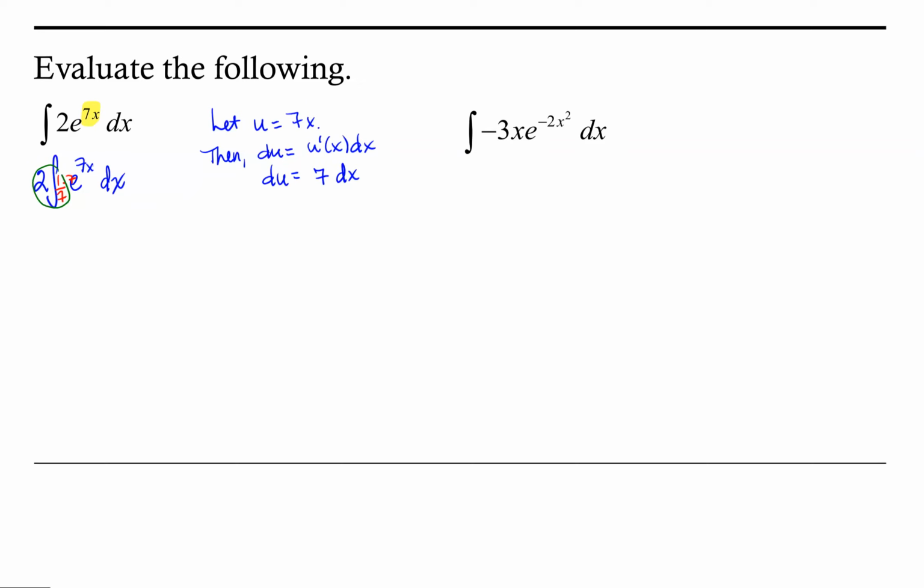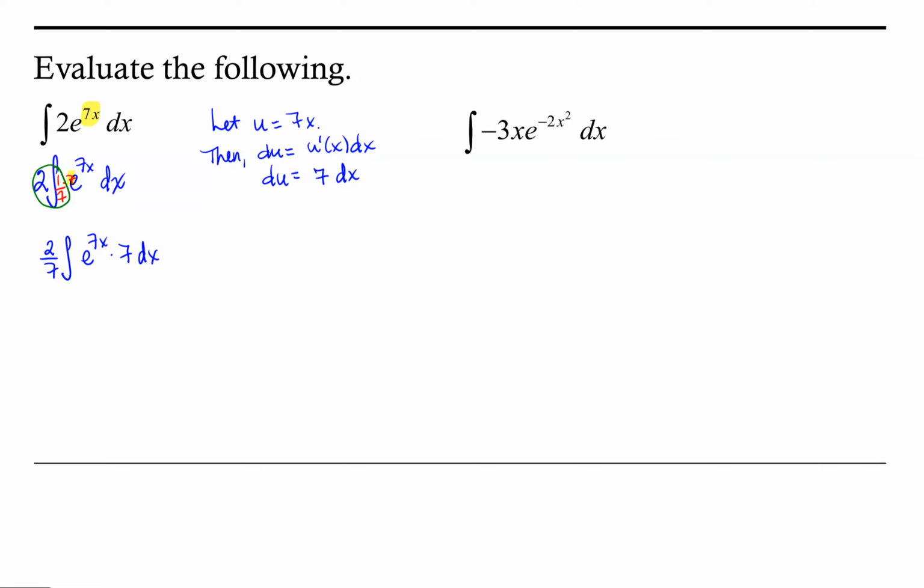We'll multiply the 2 and the 1/7. So we'll have 2/7 the integral of e to the 7x times 7 dx, simply reversing the order of the multiplication by 7 and the exponential function.